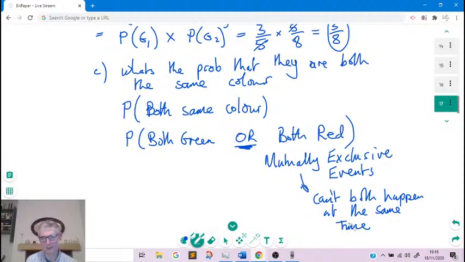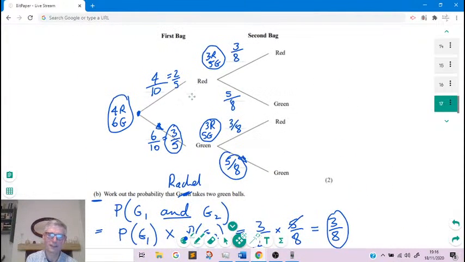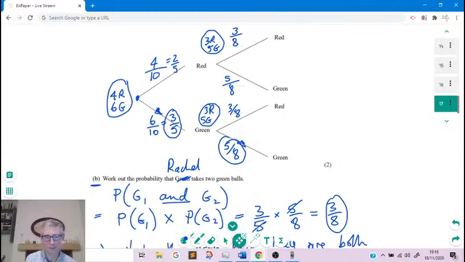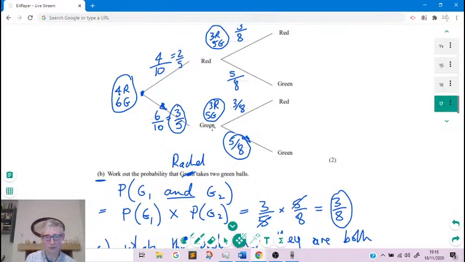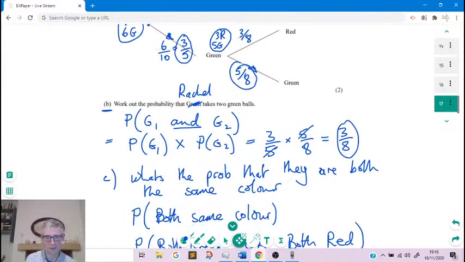That must be true here, because if we've taken two counters from the bag, they can't both be red and at the same time both be green. Getting two reds is mutually exclusive to getting two greens. It's either two reds or two greens.